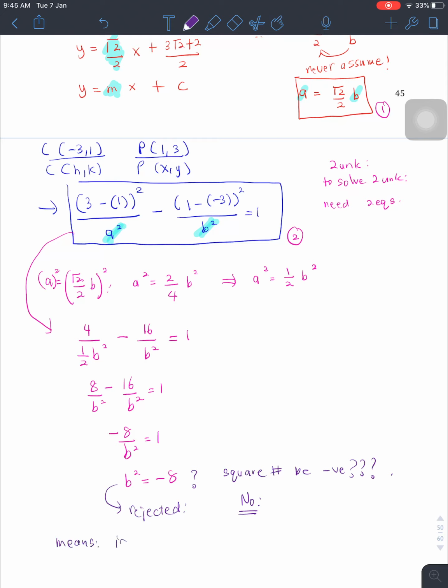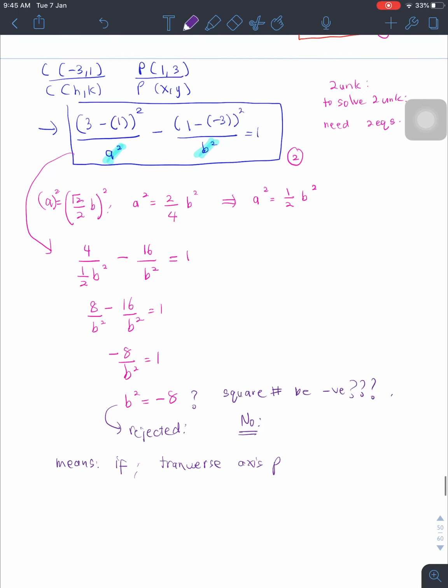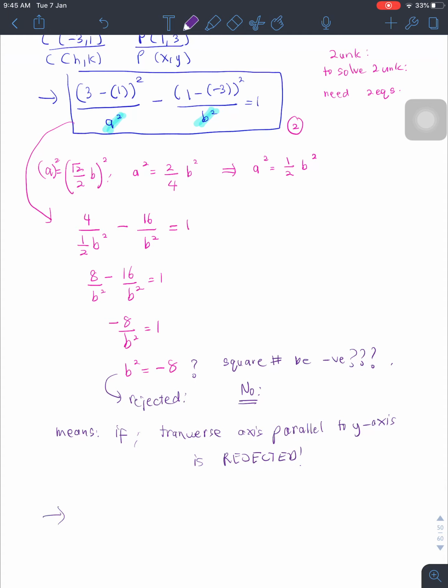It means that if just now your transverse axis is parallel to y, it is rejected. Then you have to do the other one, which for sure is your answer, which is that your transverse axis is going to be parallel to the x-axis.